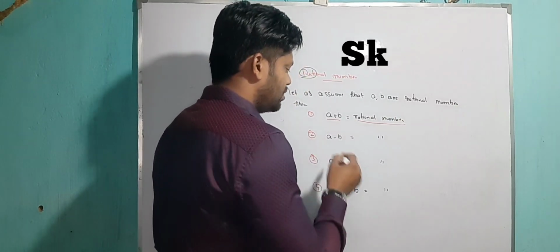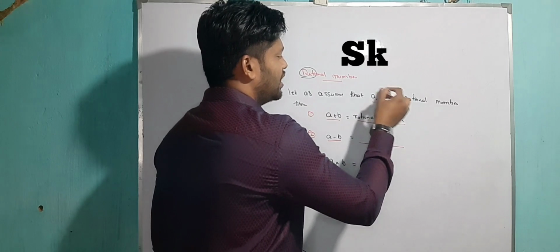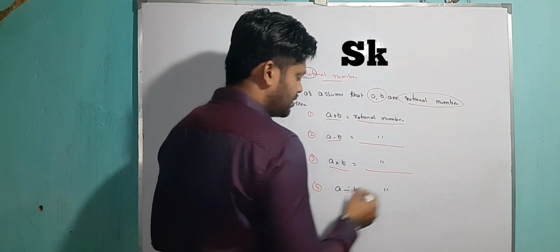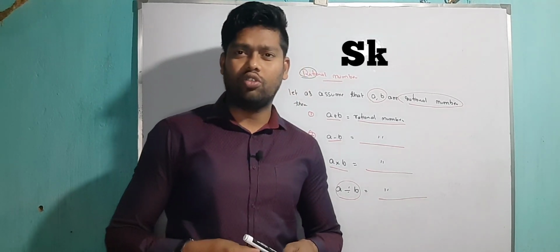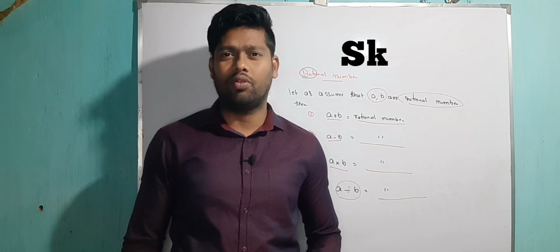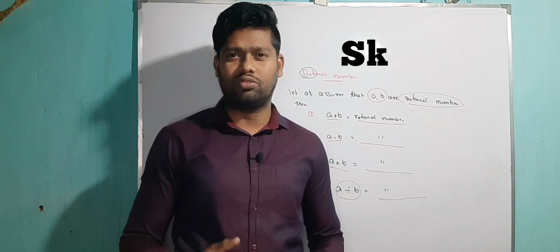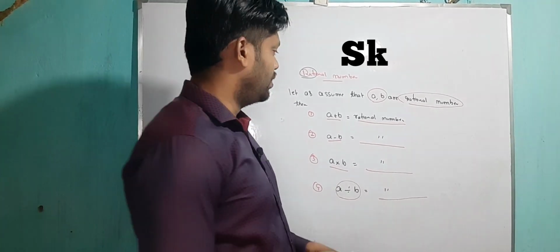The sum of the numbers, the difference of the numbers, again a rational number. Why? Because we have assumed that a and b are rational numbers. The multiplication, again a rational number. Division, again a rational number. So whatever calculation you do on rational numbers, the answer you get will be a rational number only. So this is the property of rational numbers. Some of the properties are there in your textbooks, which I am trying to explain to you.